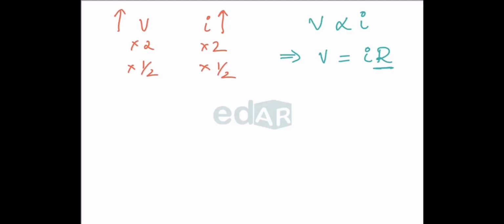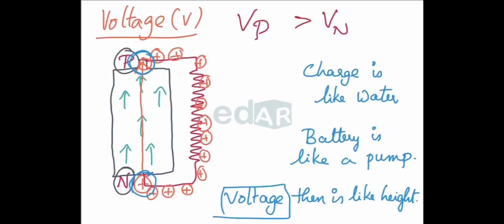And what is this number in an electrical circuit? This is what we call the resistance of wire. So in the circuit, if I have to redraw the circuit, now this looks quite ugly.